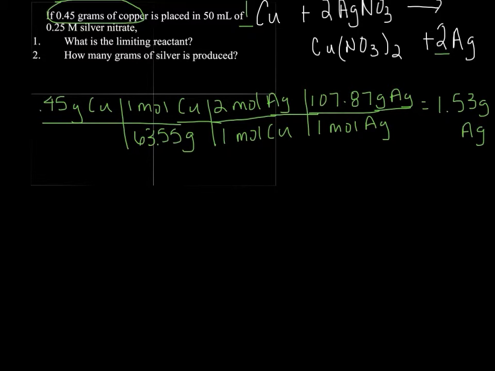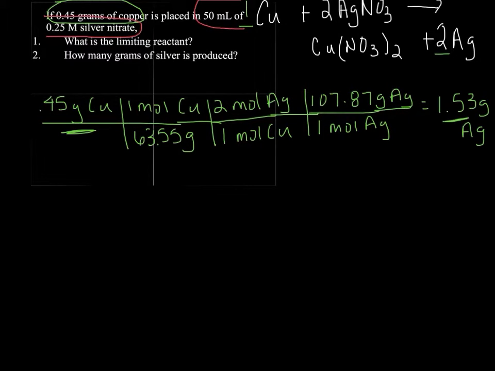So what this tells me is with my 0.45 grams of copper, I can produce 1.53 grams of silver. The only thing I have to do now is figure out how many grams of silver I can produce from my 50 milliliters of 0.25 molar silver nitrate.